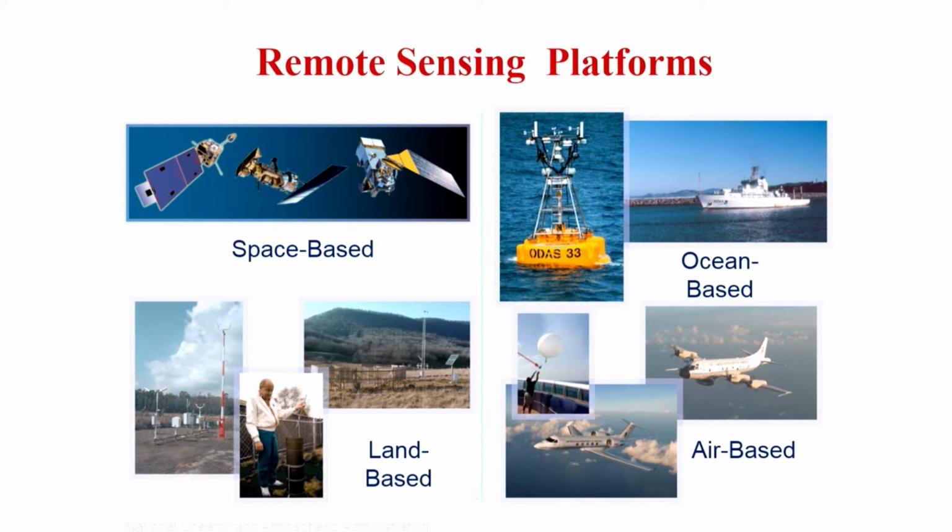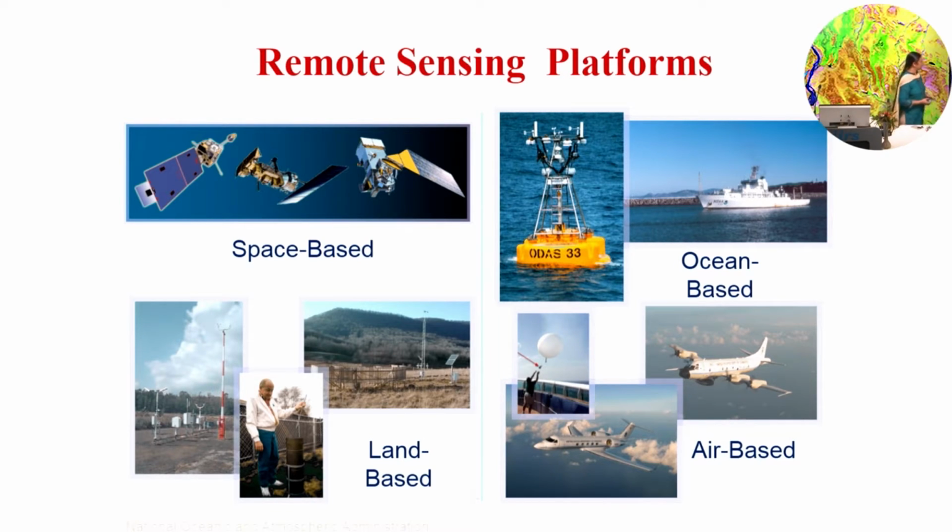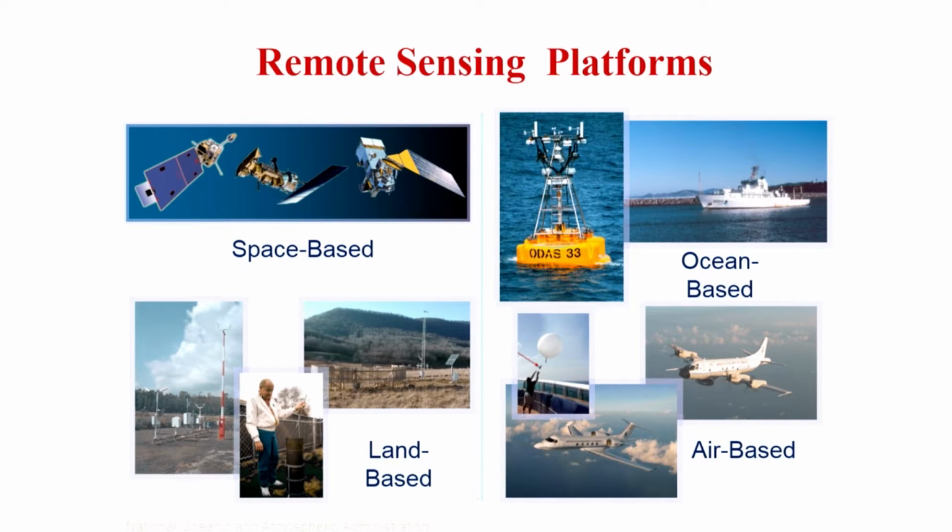Now if you talk about remote sensing platforms, there are different platforms: space-based, air-based, ocean-based and land-based. They can be anywhere. I am not touching the object, but from a distance I am making measurements. Even on the ground, if I take a photograph, that is also a remote sensing application, but for different applications.